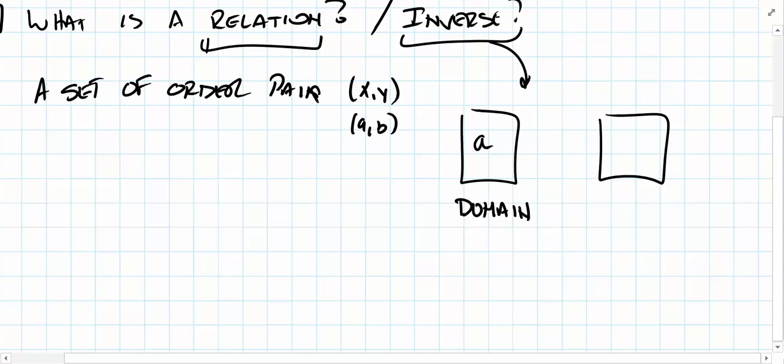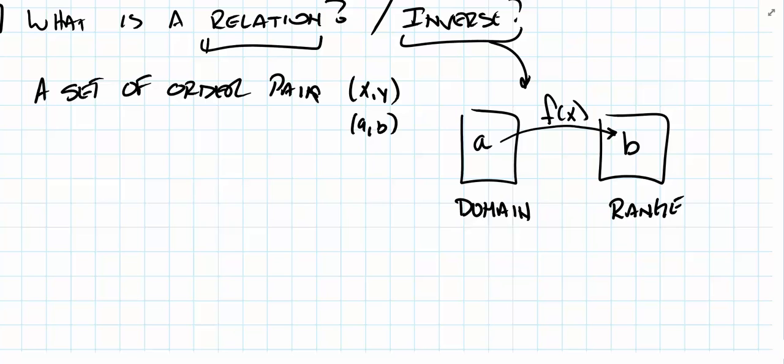Let's say I have an element in my domain, and that element happens to be the letter A. And let's say I have a range over here, and there's one element in my range, and it is B. So then the relation I can talk about is A, B. Put in A, get out B. And I could relate these two by a function f of x. So if I take A and plug it into f of x, I get out B. So f of A would be B in this case. That's what this means.